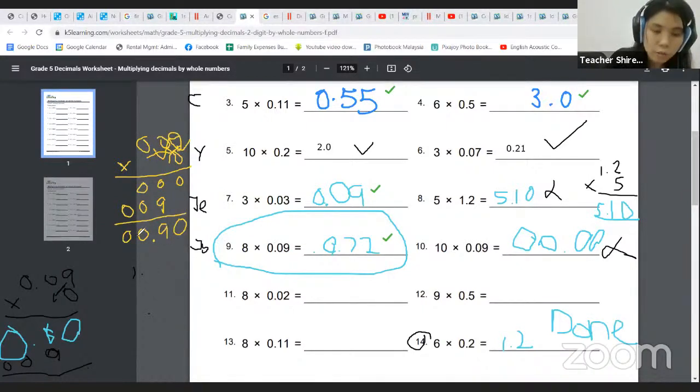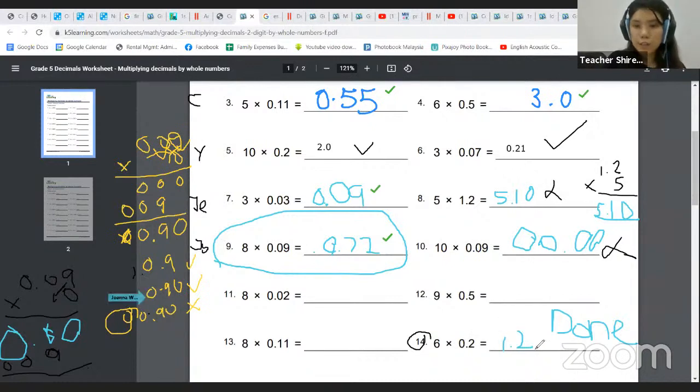So in front, there's no such thing as that, throw it away. So your answer can be 0.9. Your answer can be 0.90. Both acceptable. But if you write 0.90, it's wrong because this one cannot have double zero. Understand? Got it? Okay, Joanna?